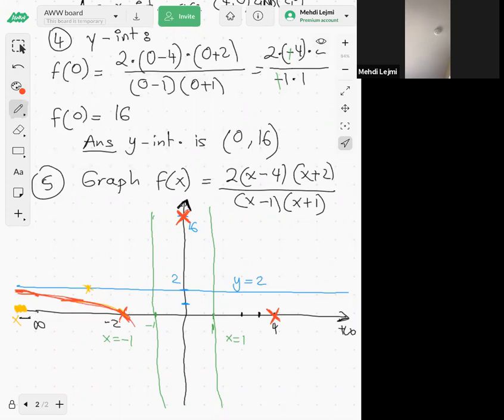Now you join your x-intercept, and the next thing after my x-intercept at negative 2 is my vertical asymptote. So my graph is going to be close to my vertical asymptote, either up here or down here. If you go up, then you're going to cross the x-axis, and you would have an x-intercept, but we don't have an x-intercept there, right?